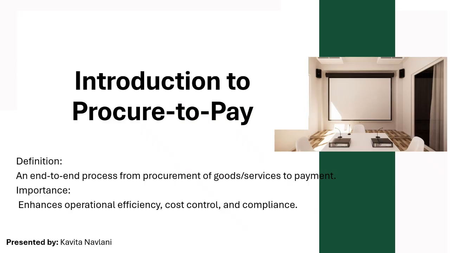Then it enhances the operational efficiency, cost control and compliances. जब आप ये प्रोसेस समझ लेते हैं, तो it makes you understand कि जब आप सर्विसेज या गुड्स खरीदते हैं, तो पेमेंट तक की प्रोसेस कैसे होती है और उसको किस तरह से हम कंट्रोल कर सकते हैं, है ना. And then rules and regulations, how we can apply in that case rules and regulations.